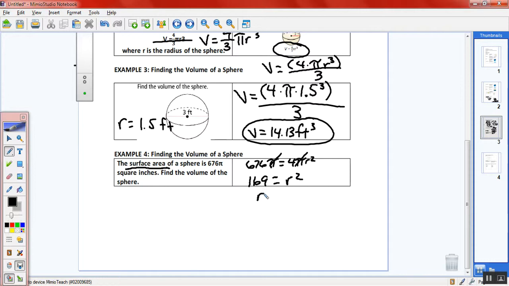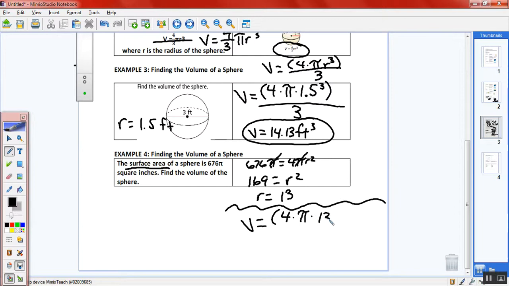So the radius is how much? 13. Okay, so once we've established the radius being 13, can we find the volume now? Yeah. What's the volume formula? So do you guys agree that we could say the volume would be, in parentheses, don't forget that, 4 times, let's see, we know the radius, kids?